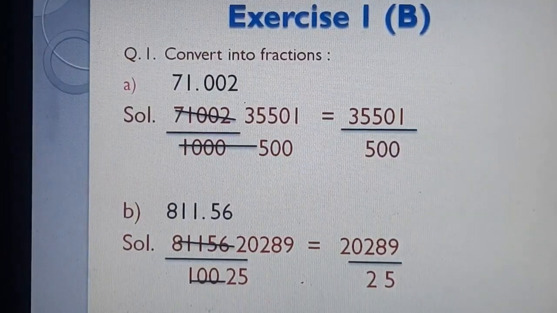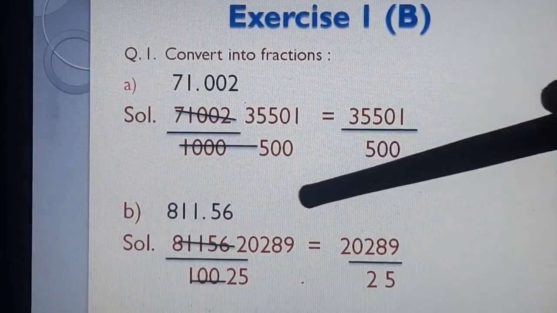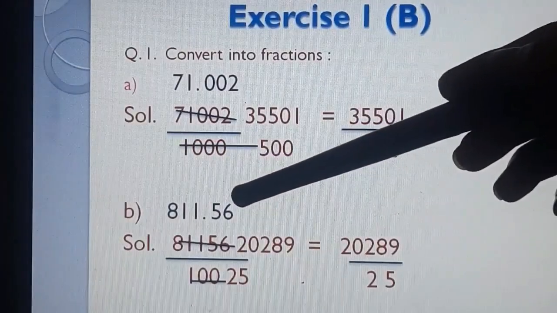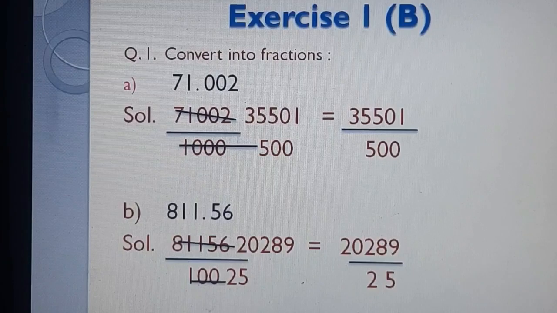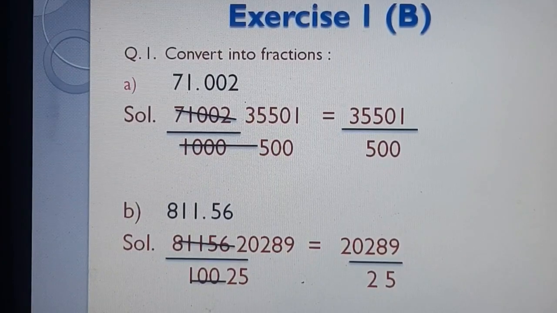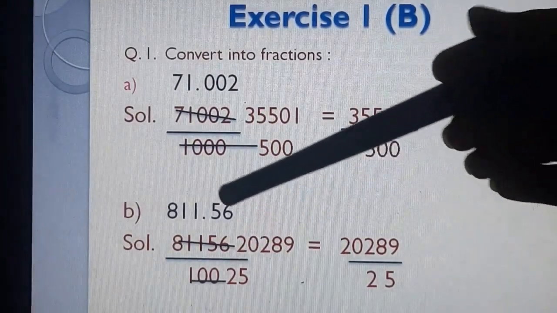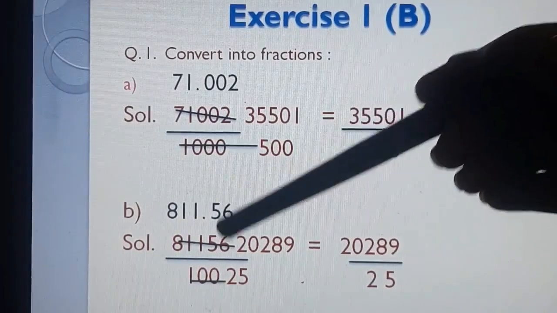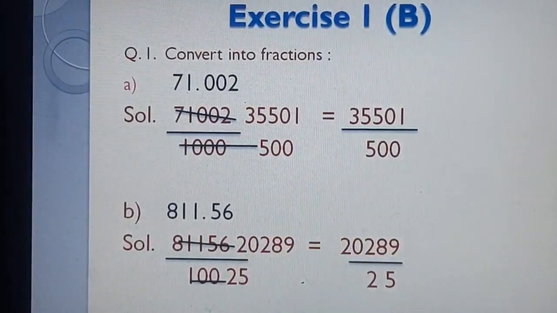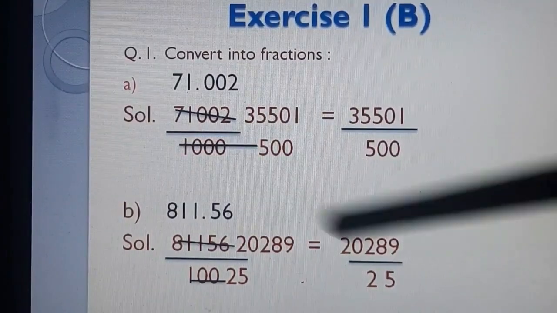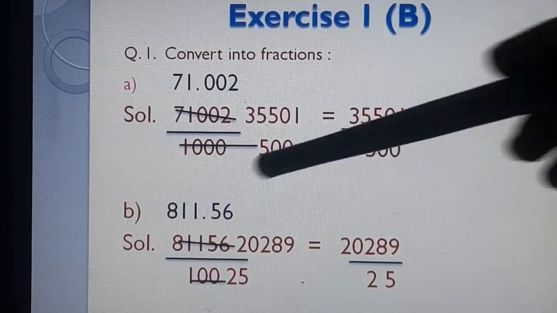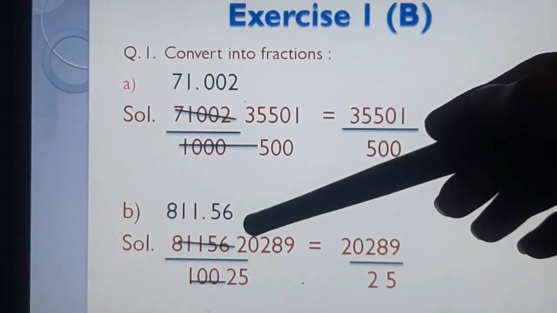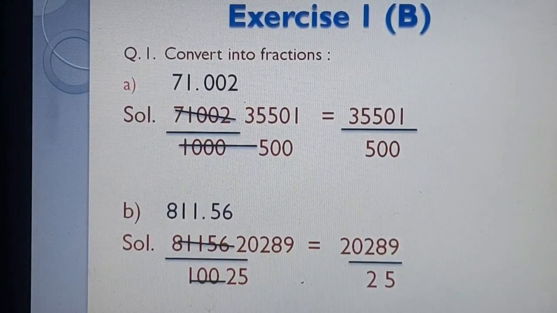Now let's start the B part, 811.56. What is our first step? To write it in the form of a fraction. We will write down the number without the decimal, 81156 upon 1, and with 1 how many zeros? 1 and 2, so it will become 100 as the denominator. So our fractional number will become 81,156 upon 100.